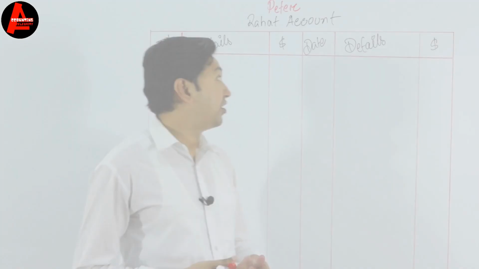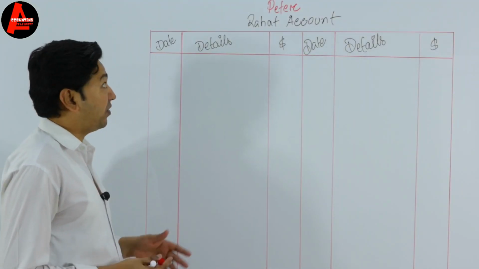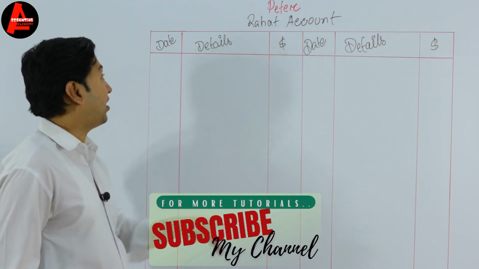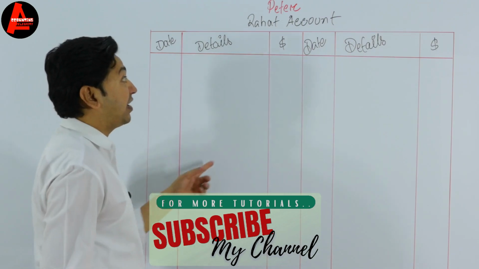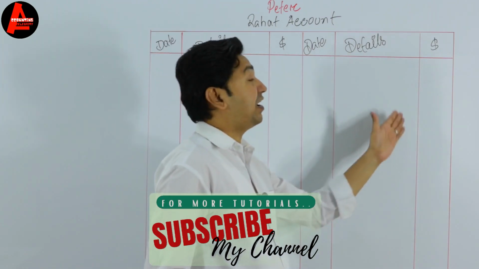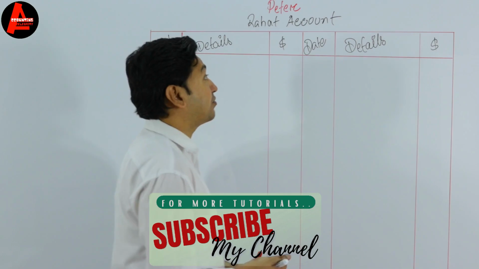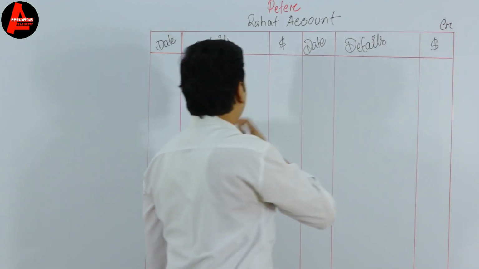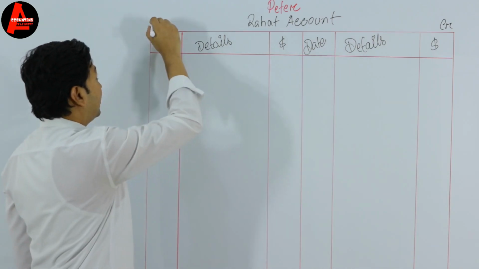Okay, so here we already drew the format. Peter is a business and we will do the Rahat account here. So here 3 columns, date, detail and dollar, and the same 3 columns, date, detail and dollar. These columns here are credit columns and these 3 columns are debit columns.